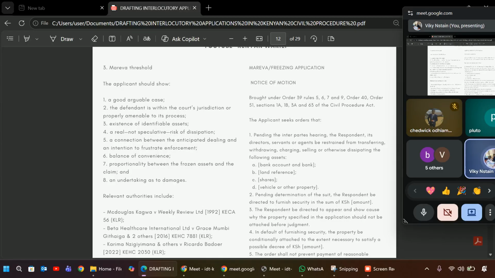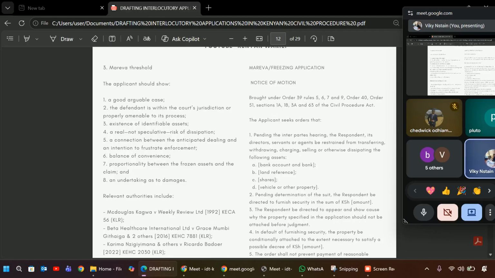So if the examiner wants to catch you, they will tell you the defendant is currently residing in Nairobi, and he wants to transfer a property, maybe a car, to Uganda, and now you want to seek these orders from a court that is based in Meru. If you miss that, and you are asked to advise this client, you will fail to say that the defendant must be within the court's jurisdiction.